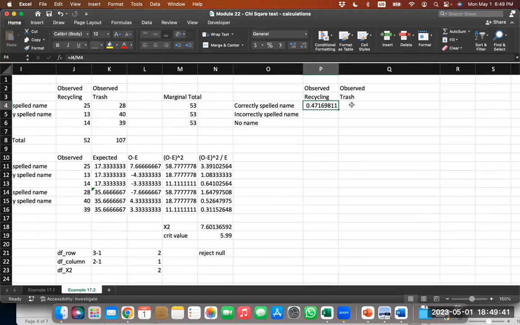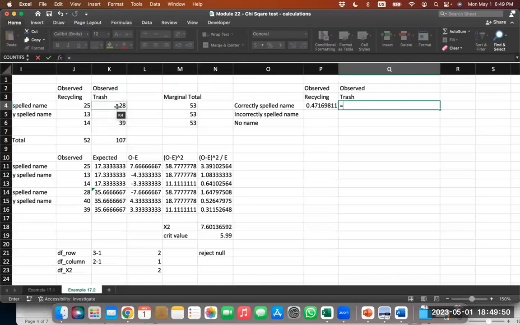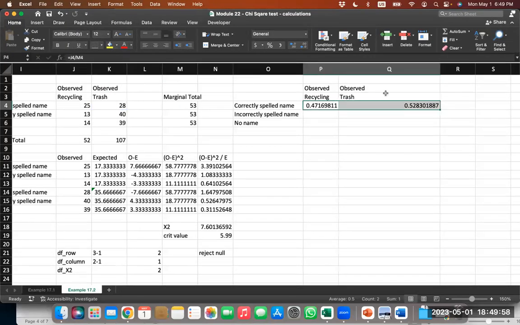So this is your probability. Now if I do the same exercise with trash, it's 28 divided by 53. That gives us 53%.